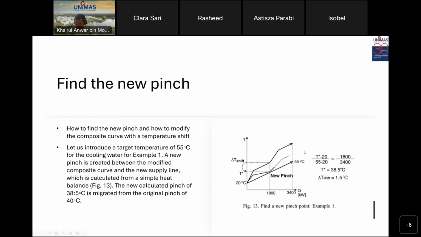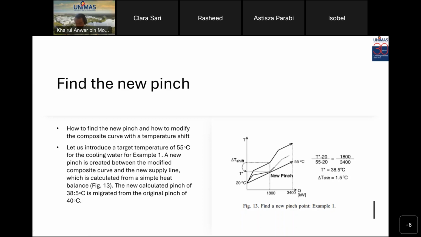The new calculated pinch of 38.5 degrees C is migrated from the original 40 degrees C pinch. So the original pinch point is at 40, then shifts about 1.5 to 38.5 here. So you will have a new composite curve.